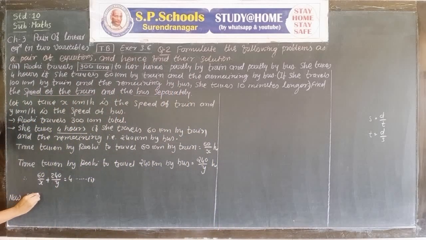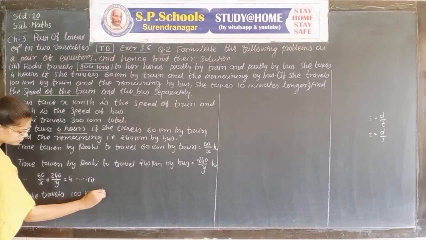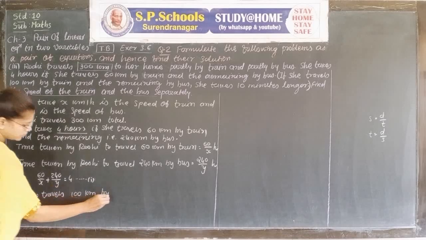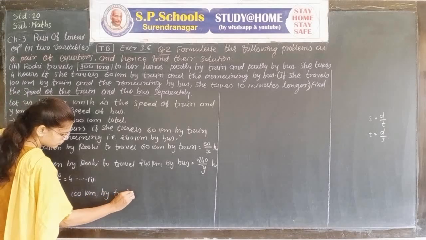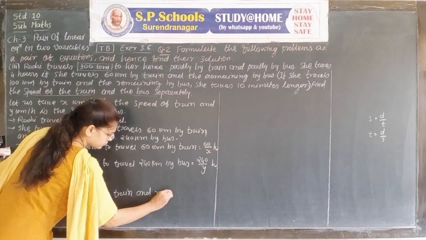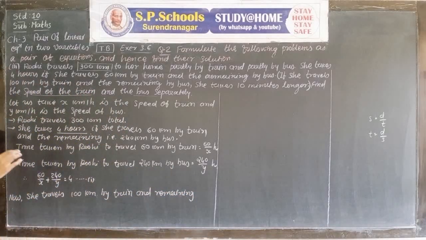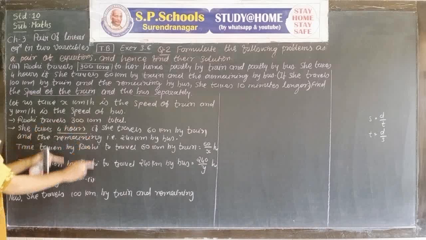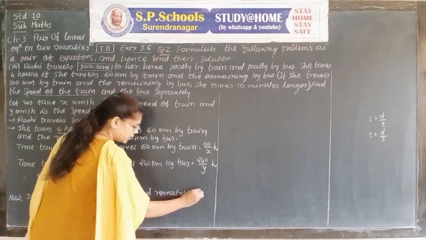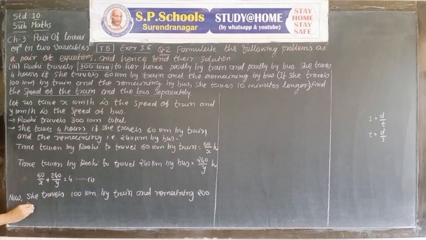Now she travels 100 km by train and the remaining is not given, but the total distance is 300 kilometers. 300 minus 100 gives 200, so the remaining 200 kilometers by bus.